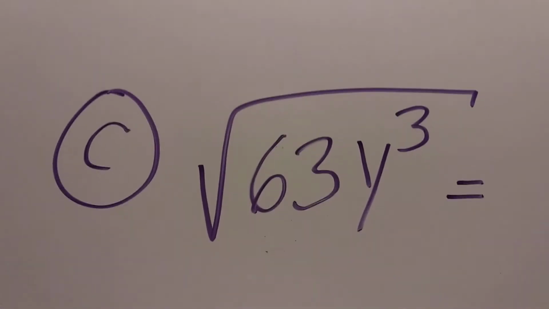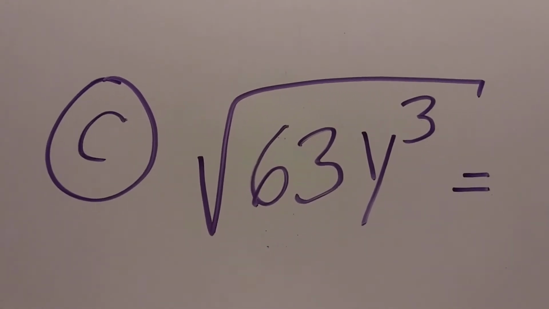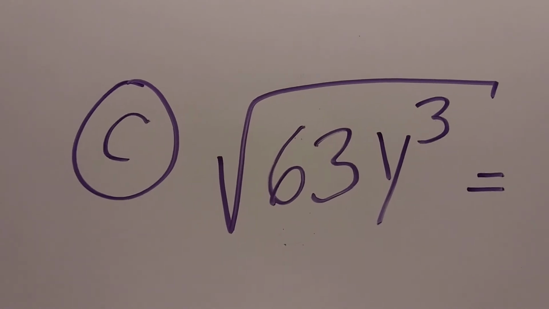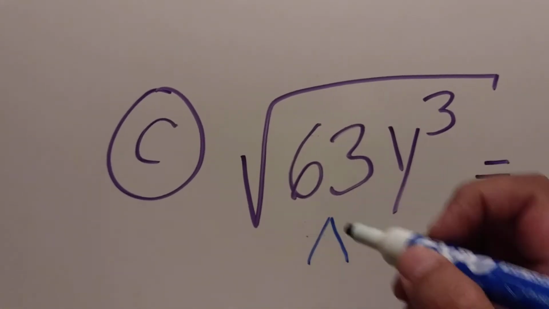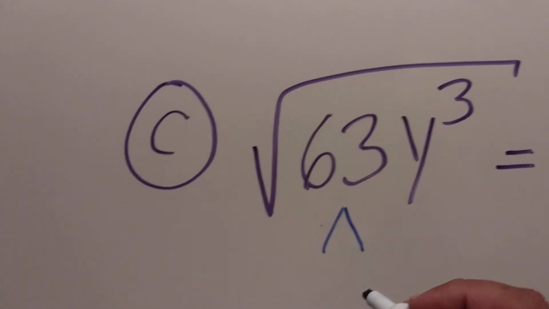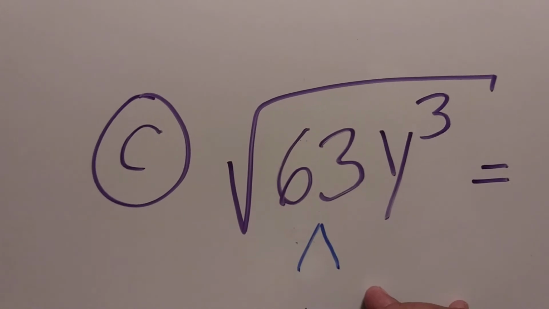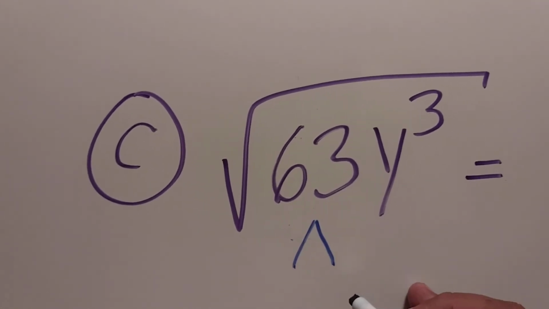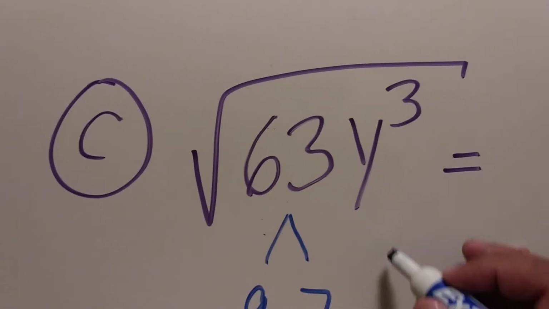So here we have another example, the square root of 63 y to the third power. We've got to break down or simplify that 63, and it could be 3 times 21, or it could be 9 times 7. 9 times 7 gives us 63.